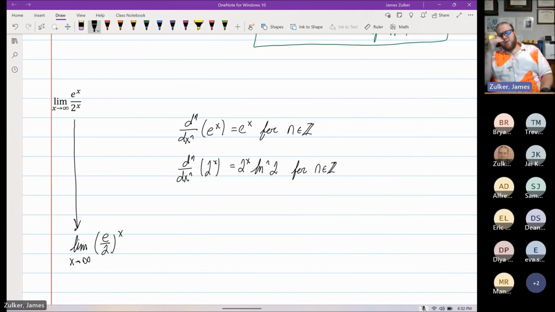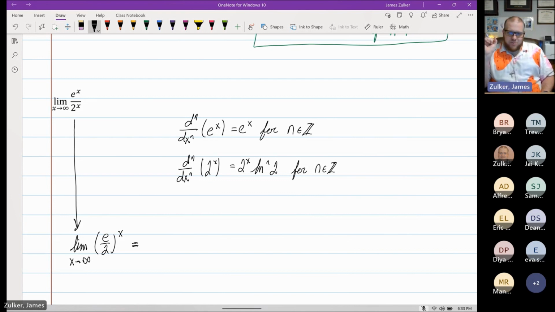All right, so write it as e over 2 all to the x power. Zero if the base is less than 1. 1 if the base is 1. And infinity if the base is larger than 1. Well, again, e and 2 are not the same, right? They're different values.